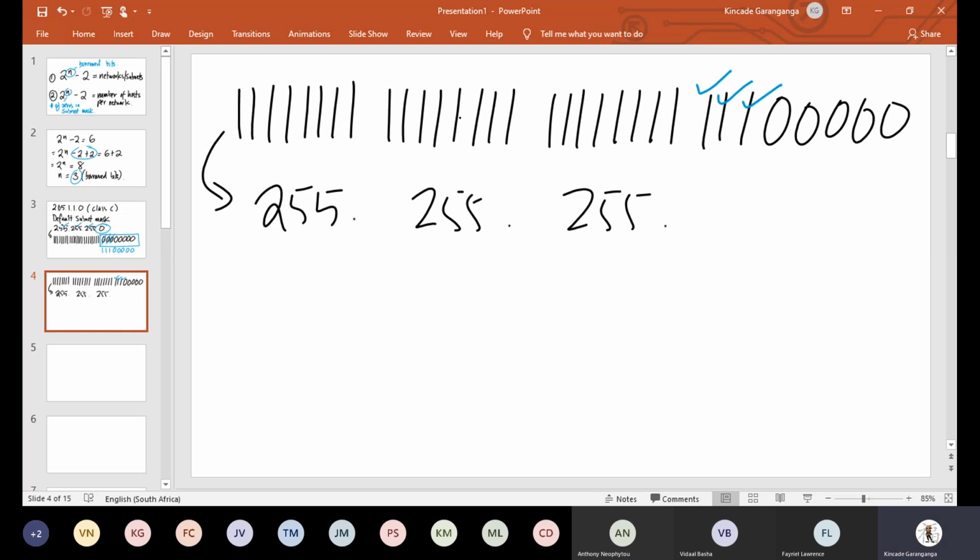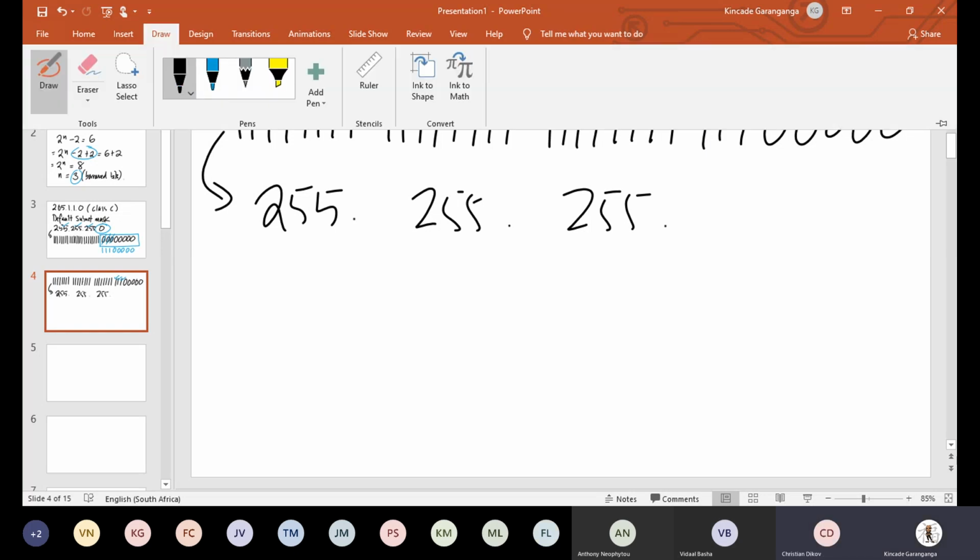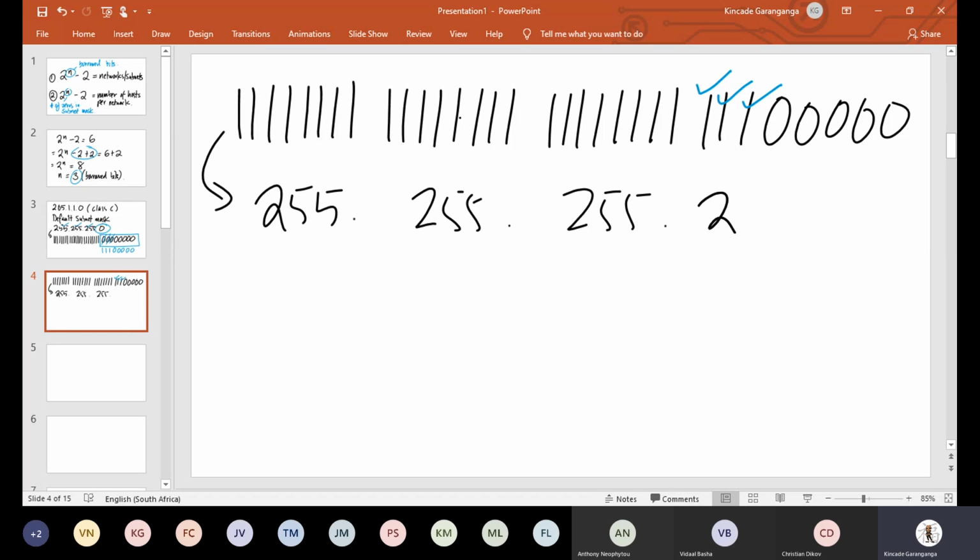What does that give you? What's your total there? It's 224, sir. So 224 is what we got. So this is our subnet mask.